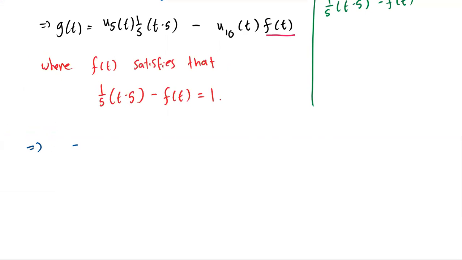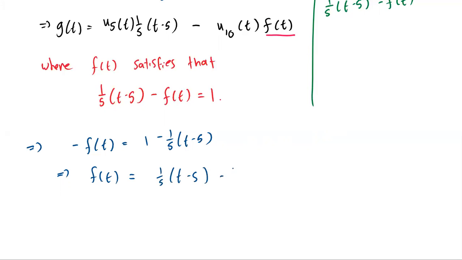So that's step by step. Negative f of t equals 1 minus 1/5 times t minus 5. And then multiply by -1 on both sides. So this would be 1/5 t minus 5 minus 1.